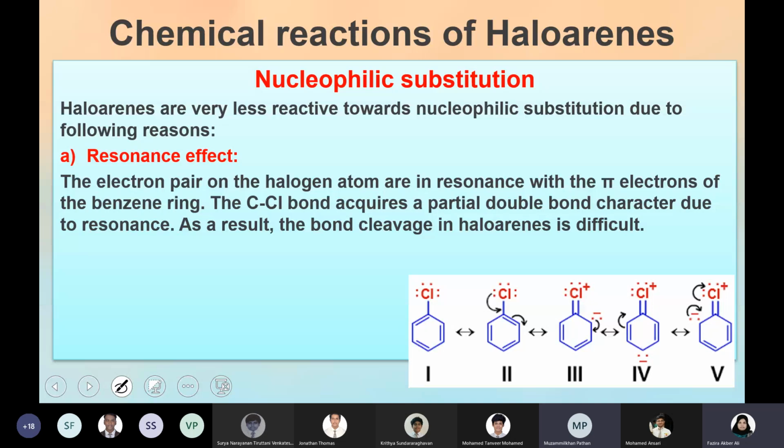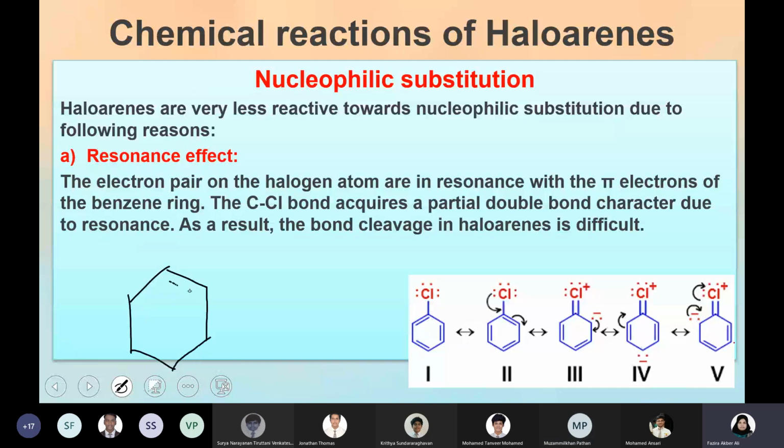Resonance: last year when we discussed benzene, we discussed that it is the shift of the electron pairs or the electron cloud throughout the ring, giving resonating structures. For example, take a simple benzene.